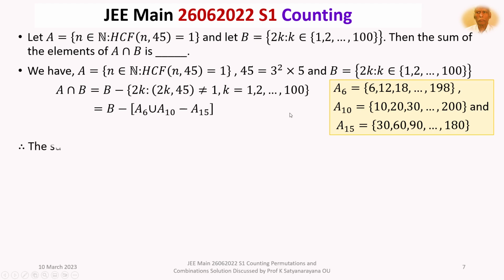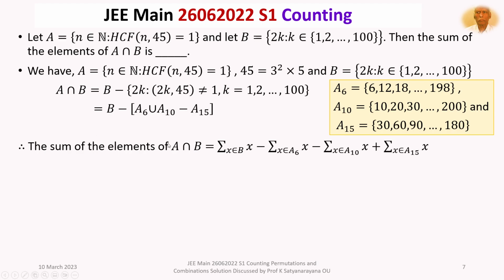Agreed. Now the sum of the elements of A intersection B will be the sum of the elements of B, that is sigma x where x belongs to B, minus the sum of the elements of A6, minus the sum of the elements of A10, plus the sum of the elements of A15.